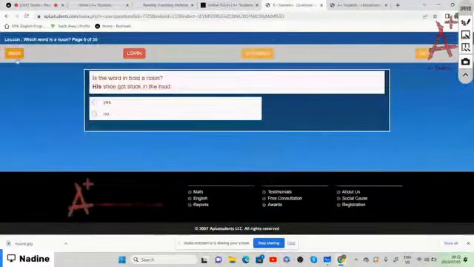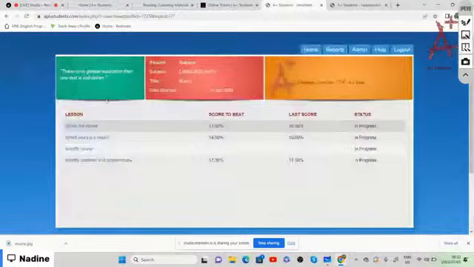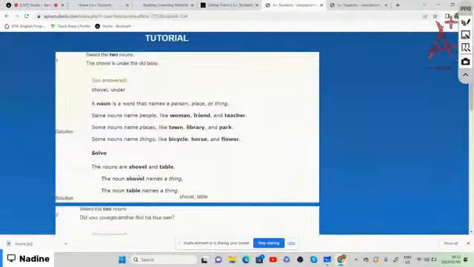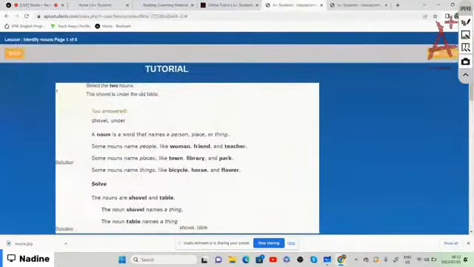All right, so now we're going back to our lessons. Here we're going to identify a noun. Once again, a noun is a word that names a person, a place, or a thing.